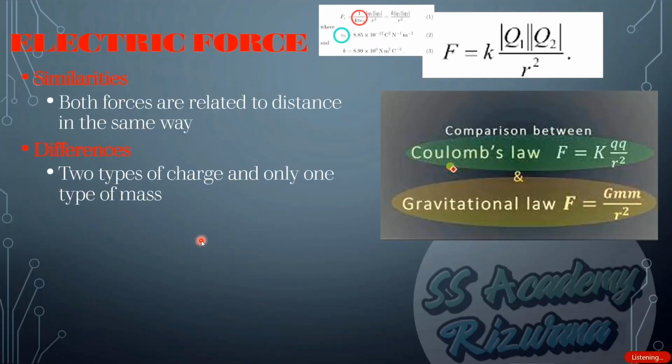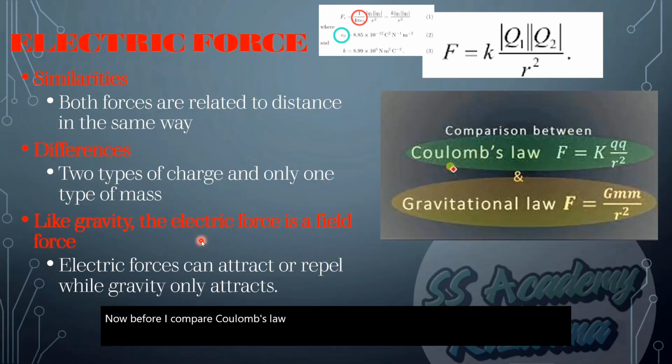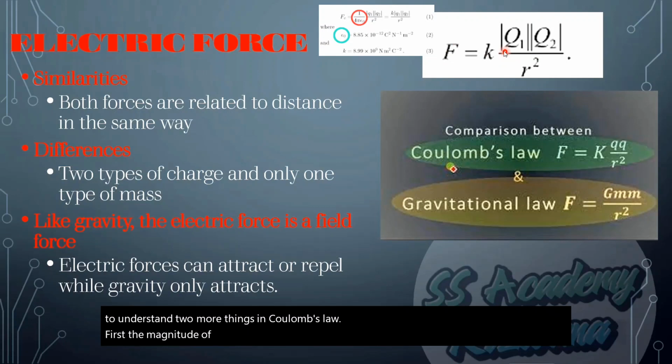Now, before I compare Coulomb's law with Newton's law of universal gravitation, it's worth understanding two more things in Coulomb's law. First, the magnitude of a variable is sometimes called the absolute value and is symbolized by a vertical bar to the left and to the right of the variable.